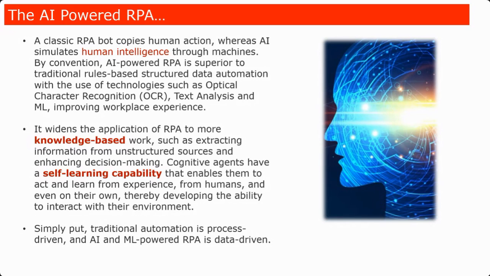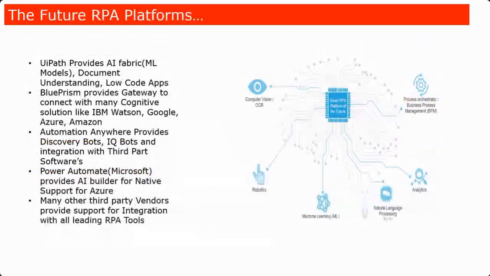So we can talk more about this, but let's quickly go to the next slide and see how the future of RPA platforms will look. As of now, a lot of RPA tools are available in the market, but not all of them are using AI and cognitive automation. UiPath has provided AI Fabric, machine learning models, Document Understanding, and low-code apps.